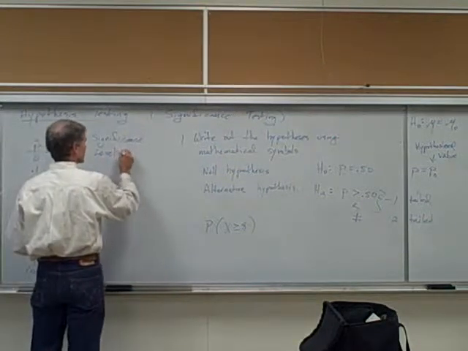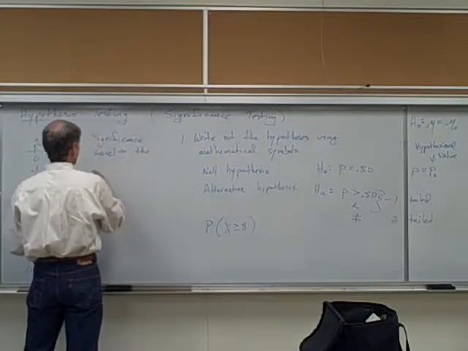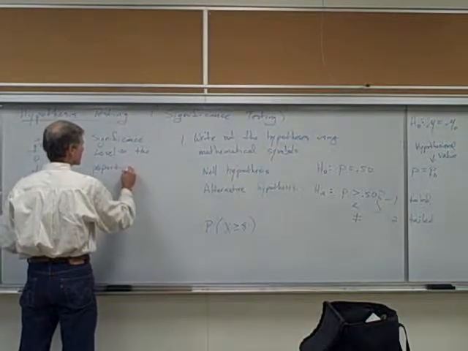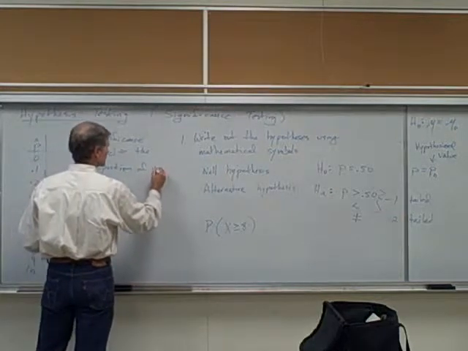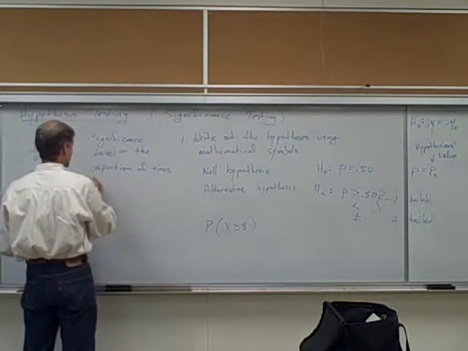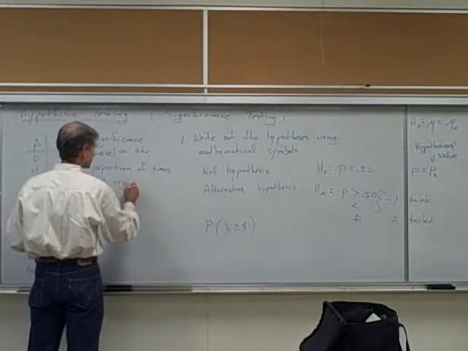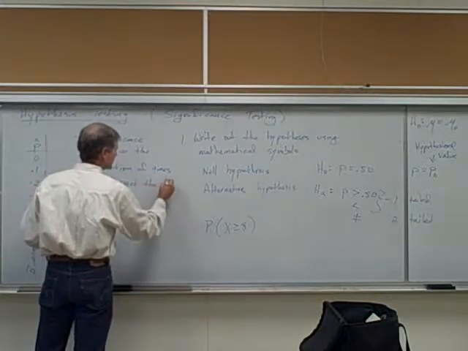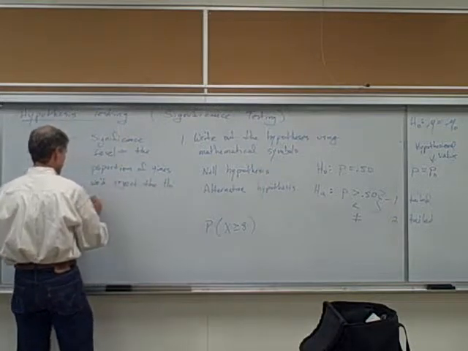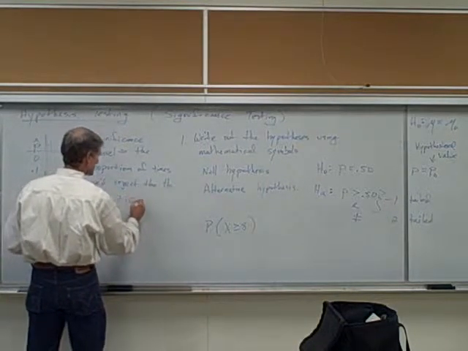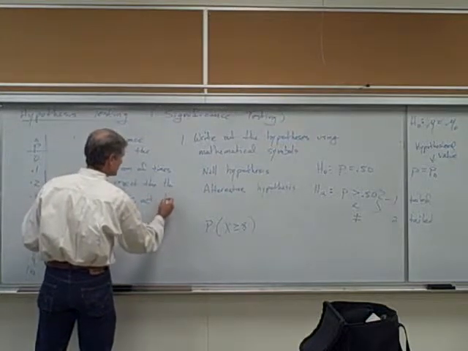The significance level is the proportion of times we reject the null when it is actually true.